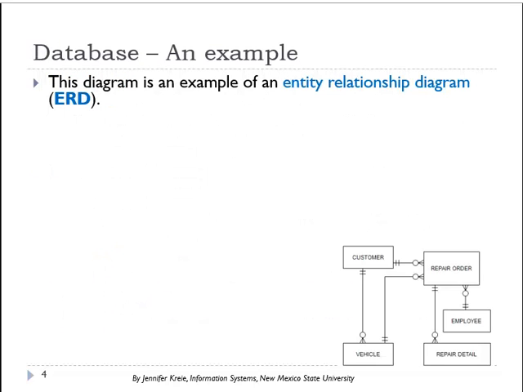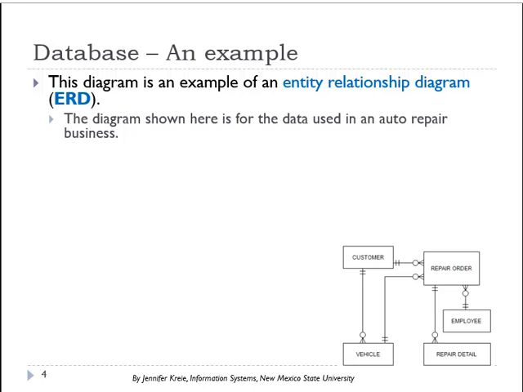So for example, here we see an entity relationship diagram. This is for an auto repair business, and the notation that you see, the symbols, is referred to as crow's feet, and that's where you see this little symbol here.